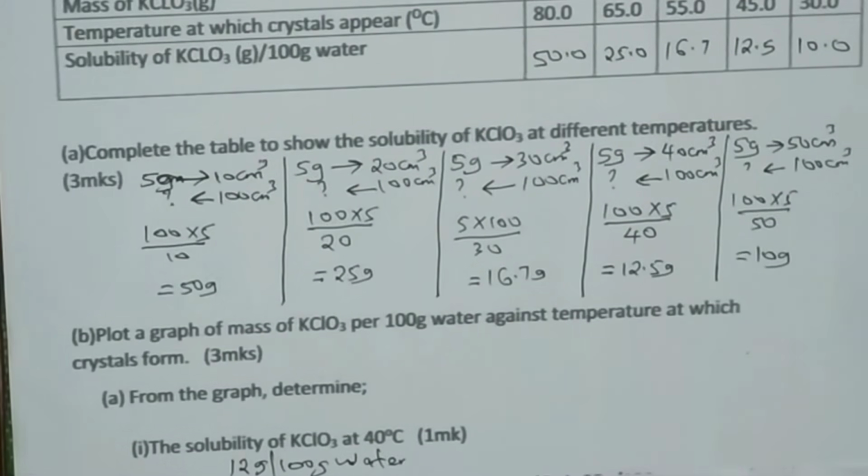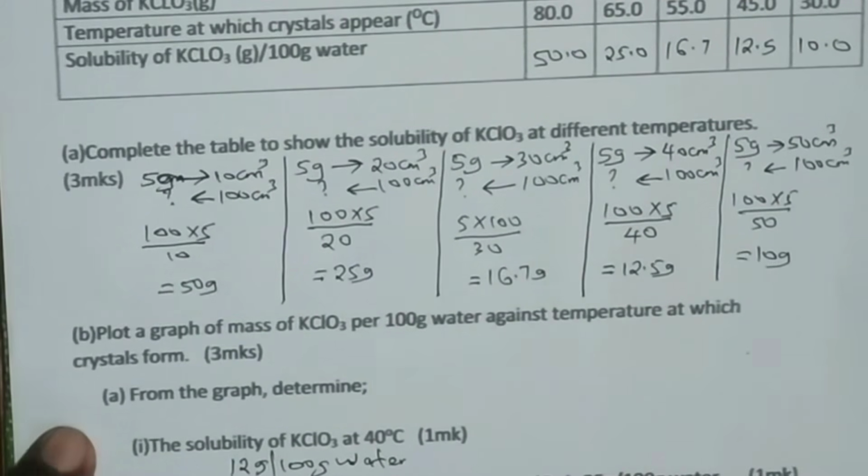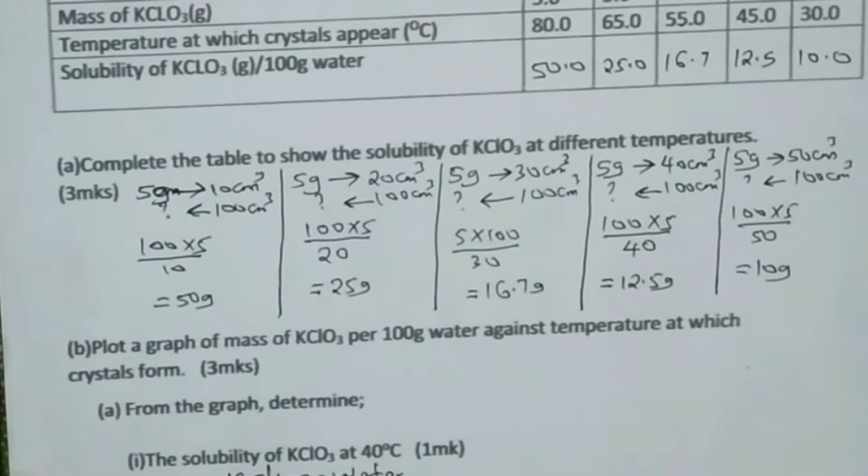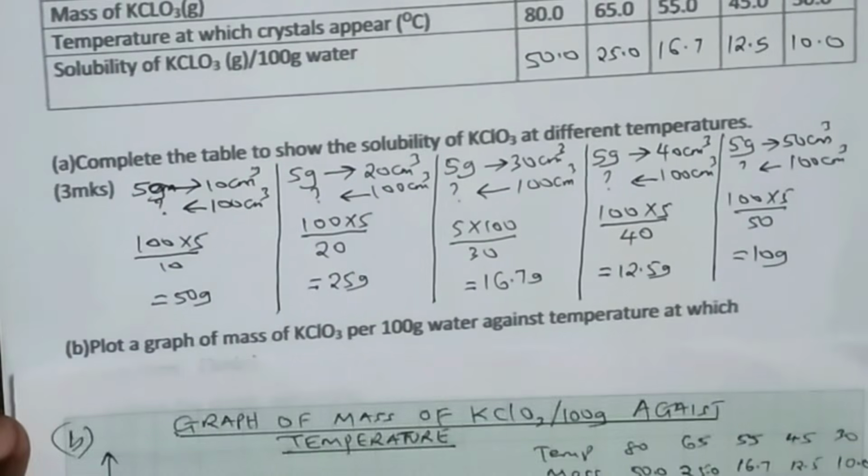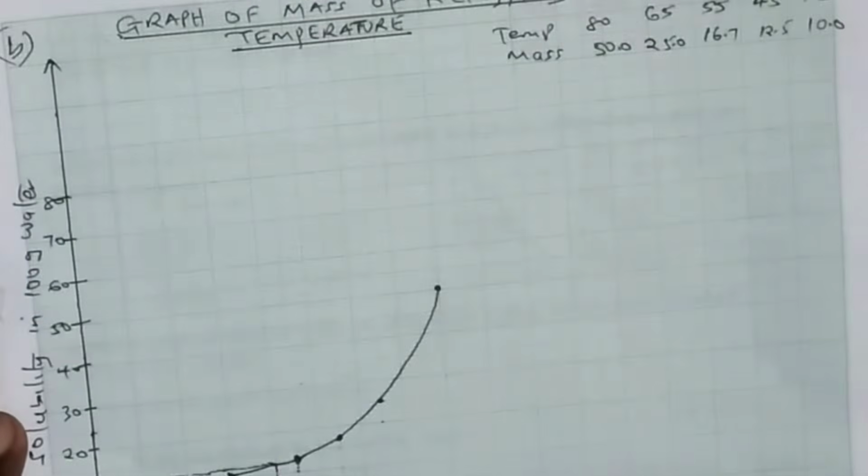The next part that we have is the temperature at which the solubility is 35 grams per 100 grams of water. So we are going to look at 35 grams, then we read the temperature at this mass. So you go to the graph once again. This is our graph.